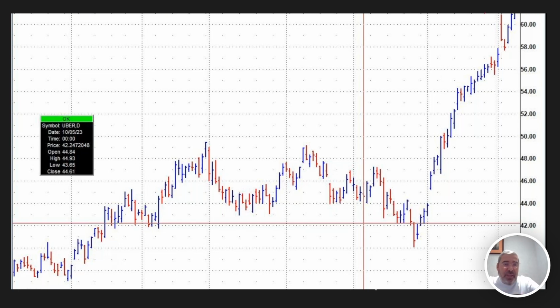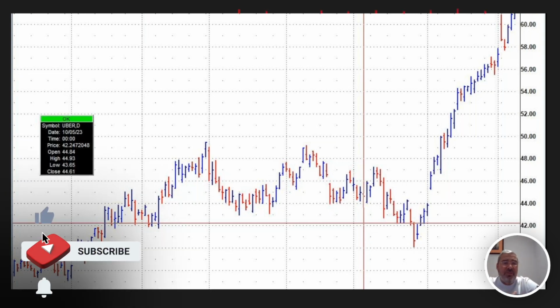Because once Uber gets into the S&P 500, the index funds of the S&P 500 will start to buy this particular stock. I'm going to try to do a video about Uber. So last week Uber was added to the S&P 500, and obviously it's getting higher because everybody is buying Uber. So it's very, very good news. You have to understand there is sometimes good news about a stock.